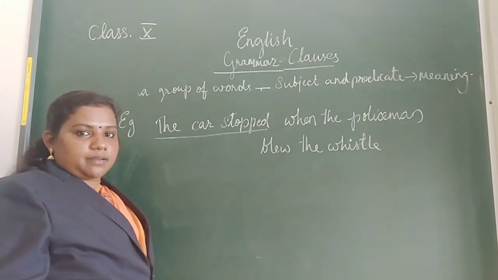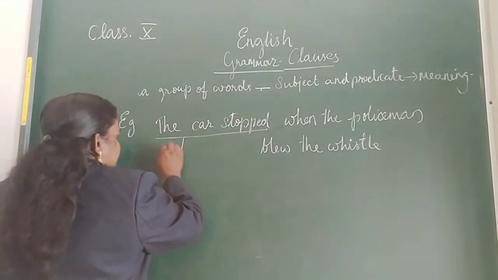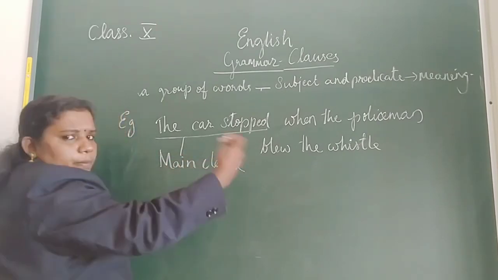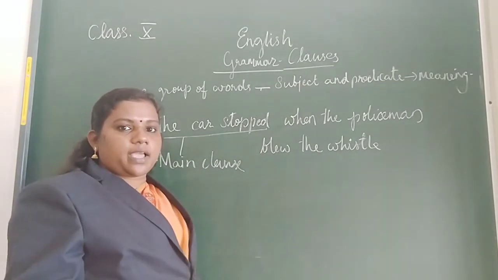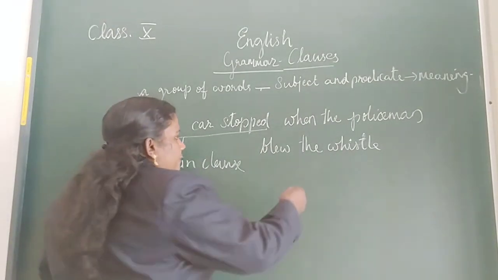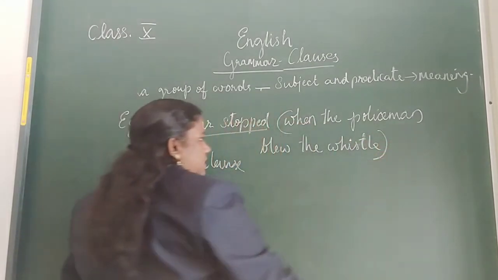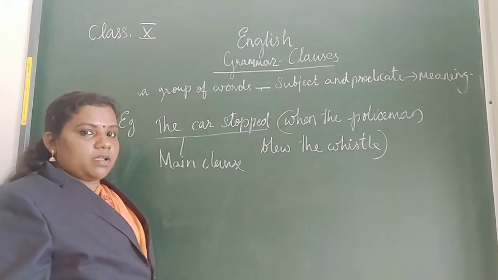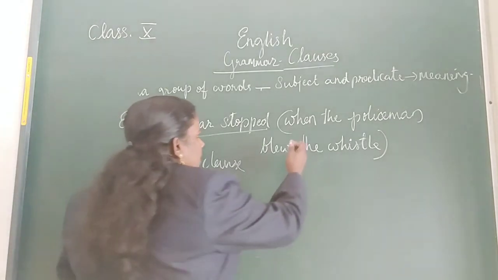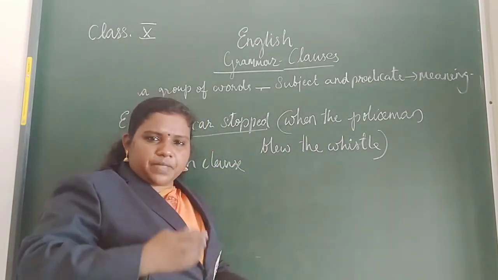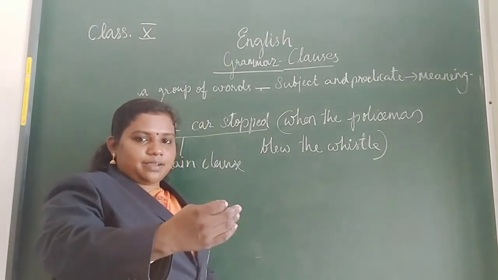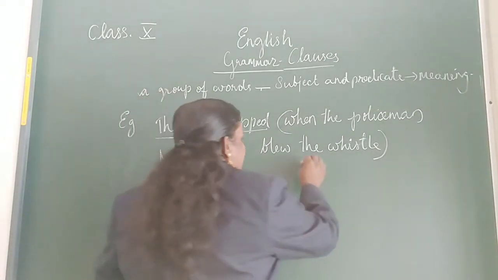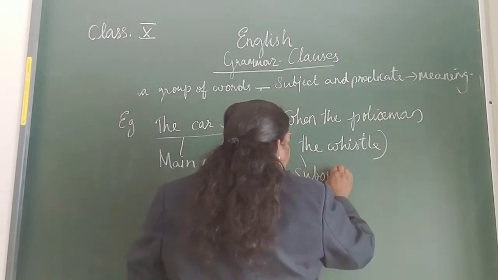Complete meaning we are getting, so we can tell it is a main clause. No need to depend upon other parts of that sentence. Next part you see: when the policeman blew the whistle. Something wants to complete, right? That meaning is not a complete one. So this clause is known as subordinate clause.